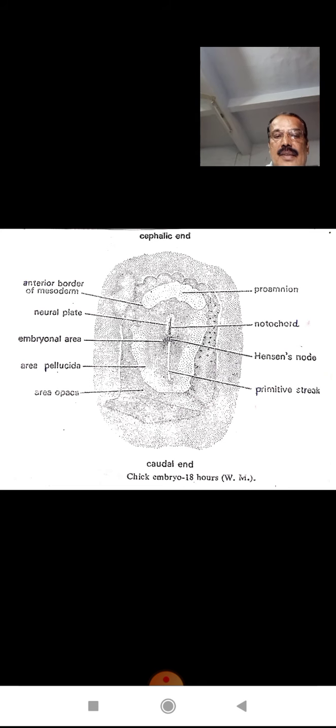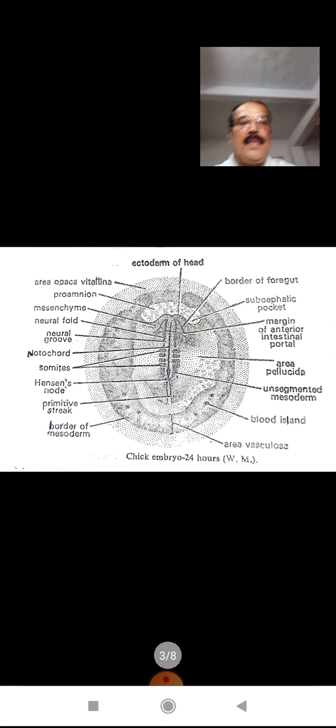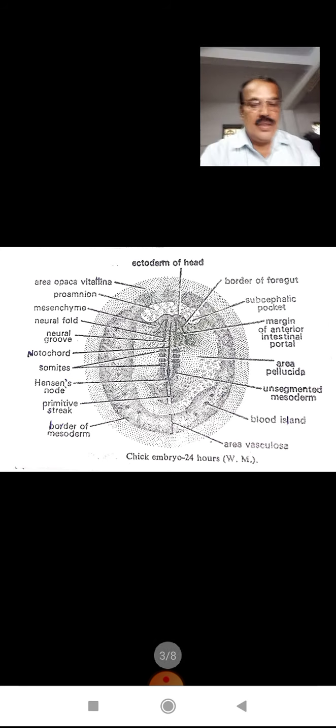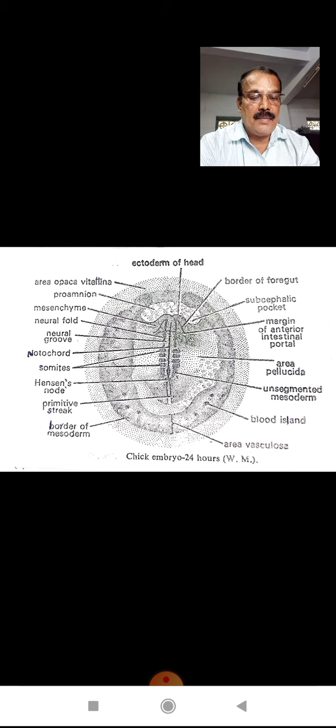Second one is the 24 hours chick embryo. The whole mount of 24 hours chick embryo. Here, the embryo shows two distinct regions, a central clear transparent area pellucida and a peripheral opaque area opaca.